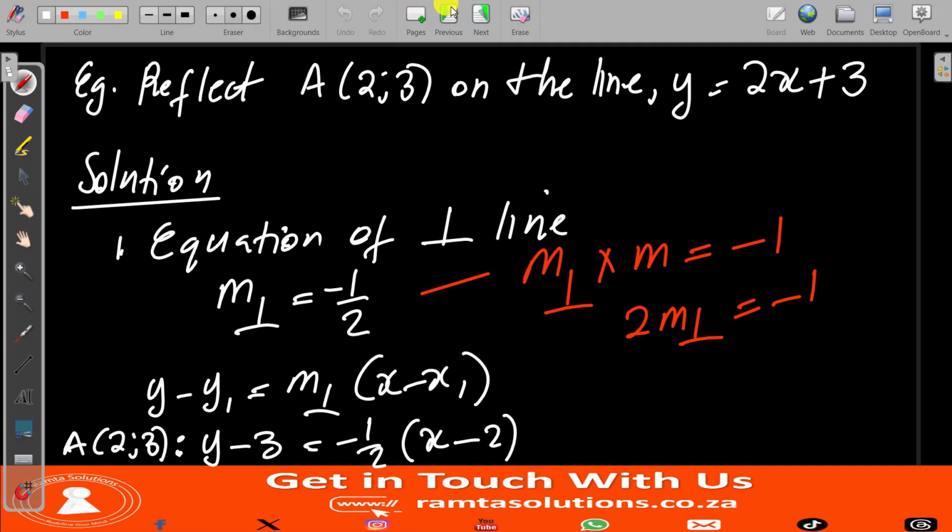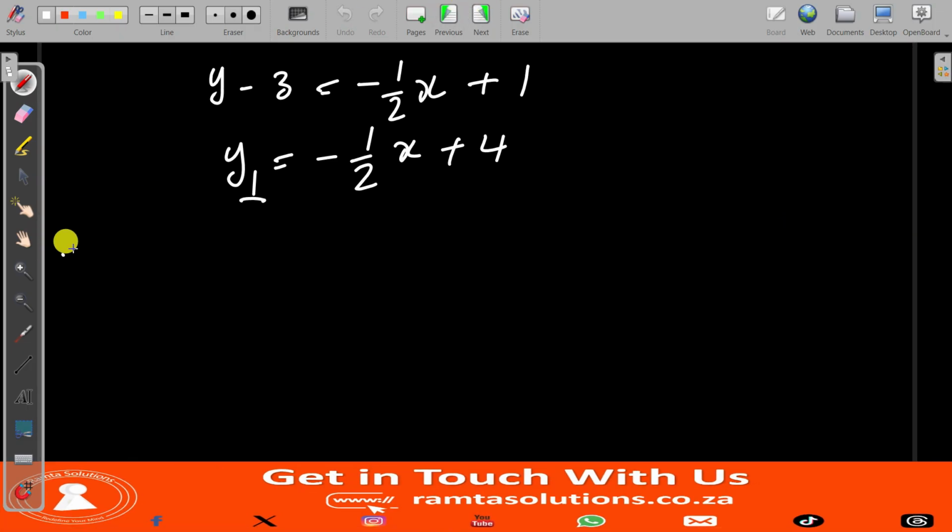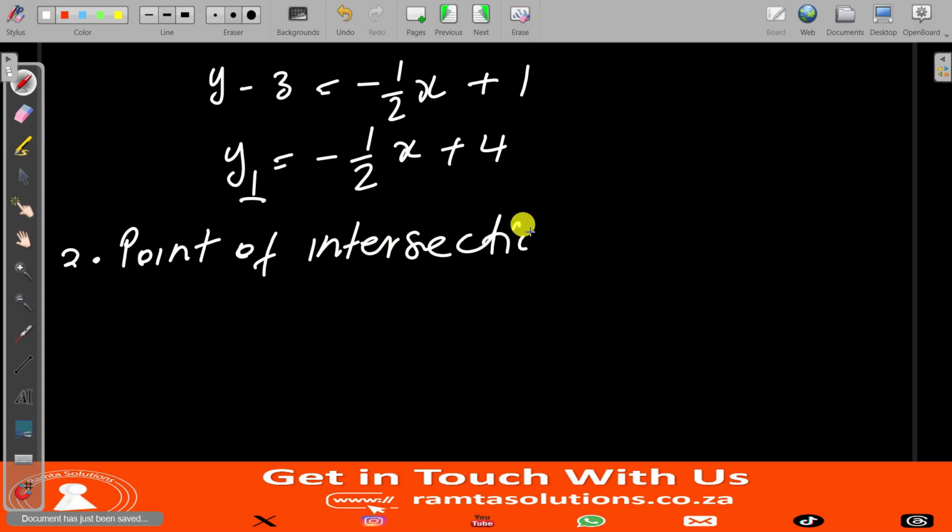Let me see how I introduce this. Okay. Number 2, point of intersection. So we'll say y of this perpendicular line is equal to the line that's given.